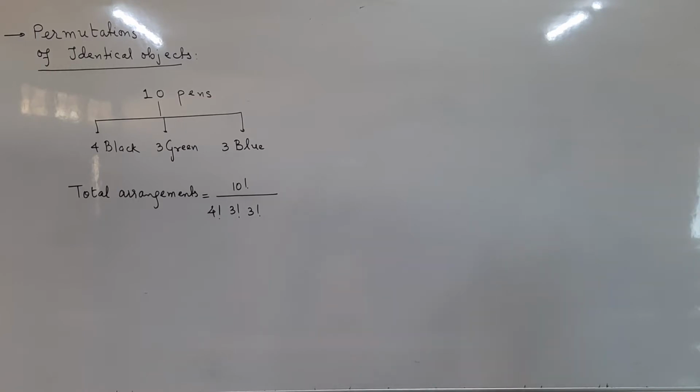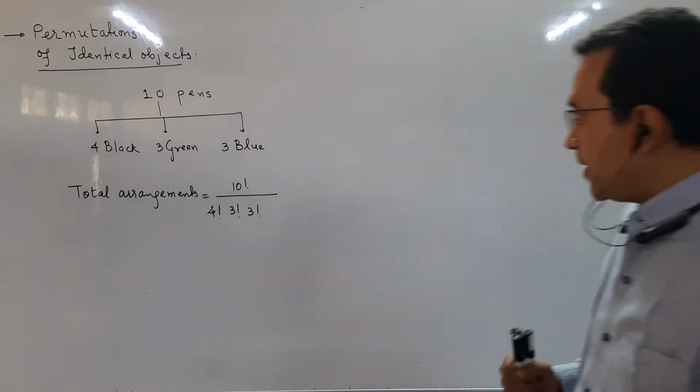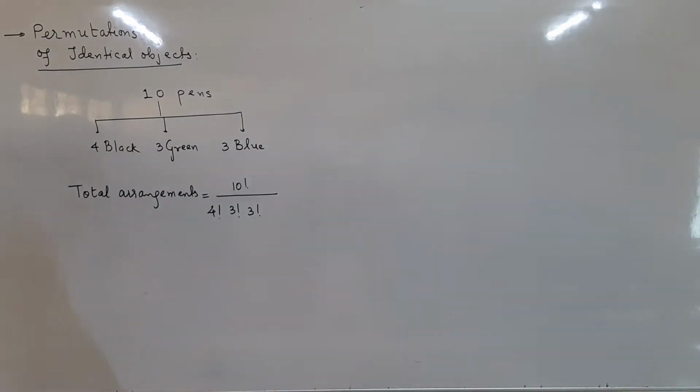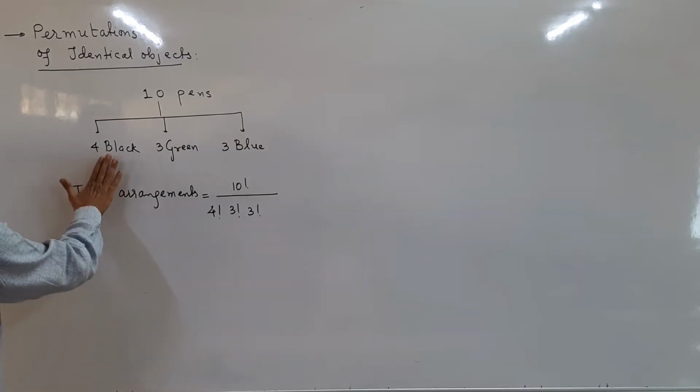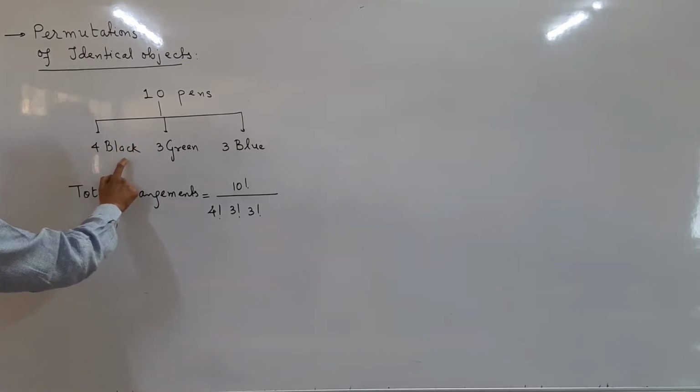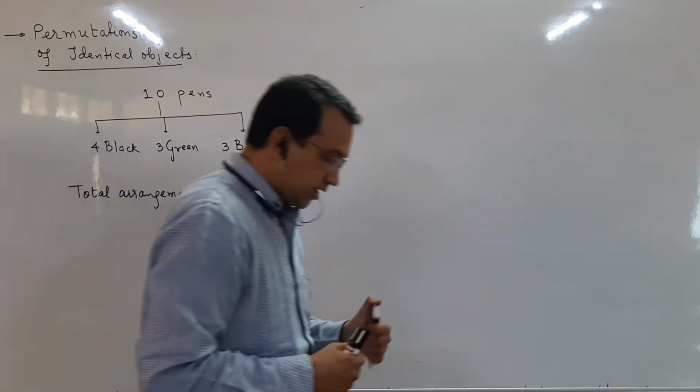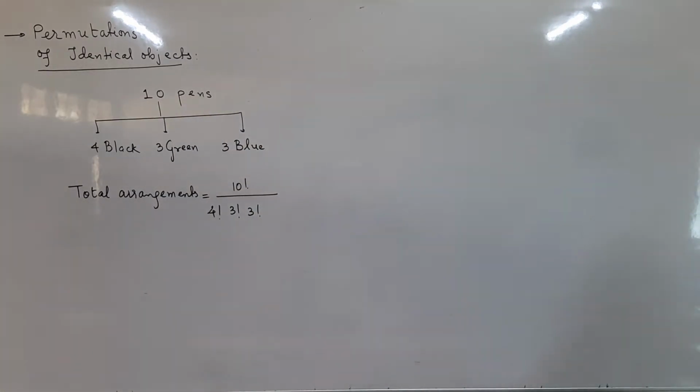Similarly, 3 green pens can be arranged in only one way, and similarly 3 blue pens can be arranged in only one way. So the total arrangements are 10 factorial divided by 4 factorial into 3 factorial into 3 factorial. The logic for this is that the internal permutations of 4 black pens can be done in only one way. Similarly for 3 green, and similarly for 3 blue.